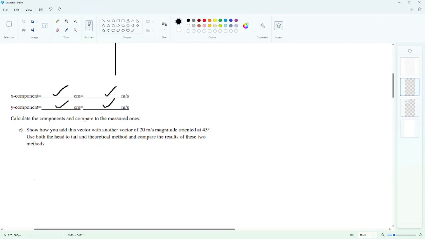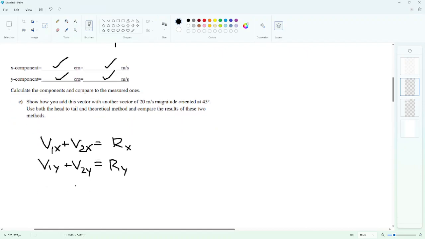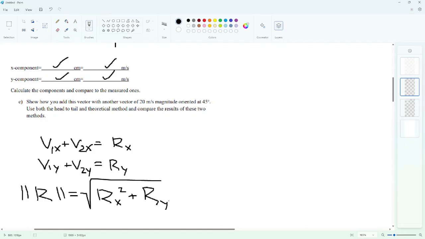So in other words, vector 1x plus vector 2x equals resulting vector x, and vector 1y plus vector 2y equals resulting vector y. And lastly, the resulting vector magnitude is going to be equal to the square root of rx squared plus ry squared.